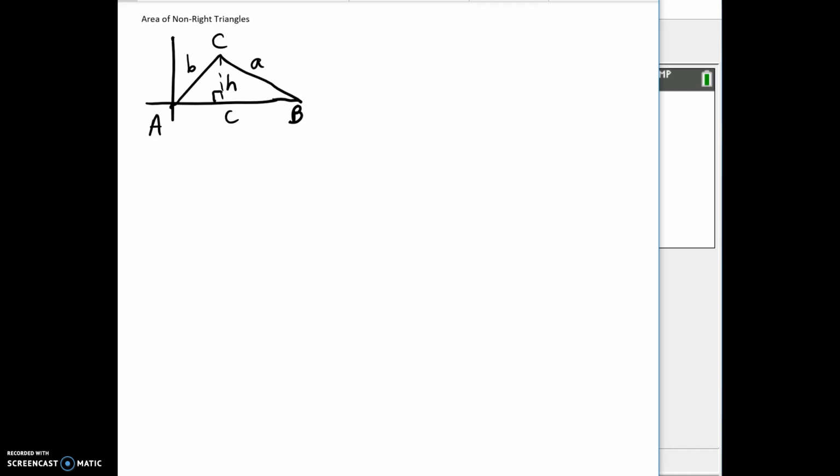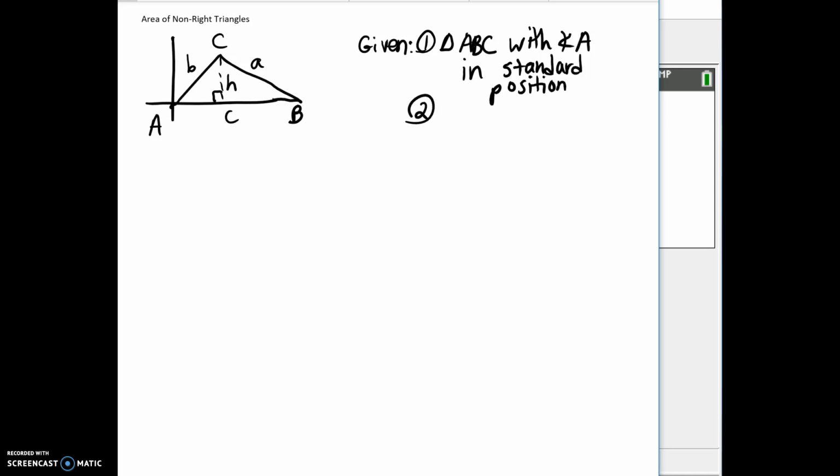Okay, so given the following information, triangle ABC with angle A in standard position, and the fact that H is the height or the altitude from angle C to side AB.